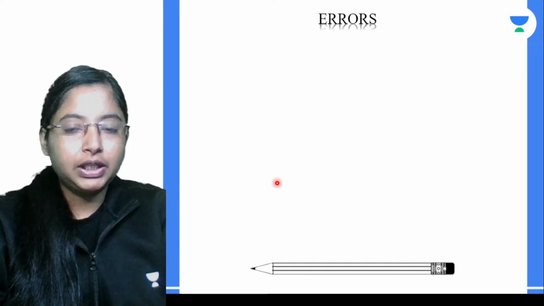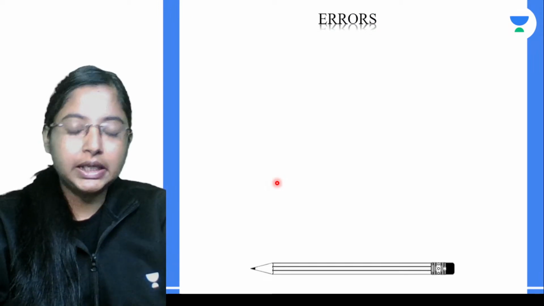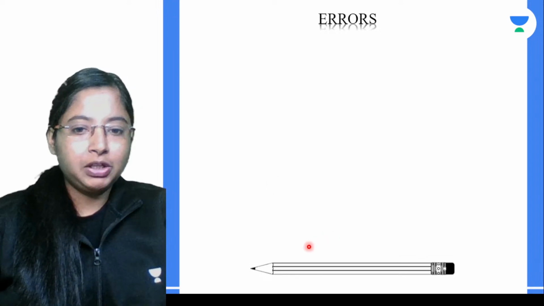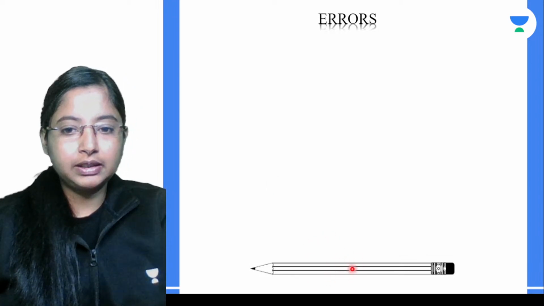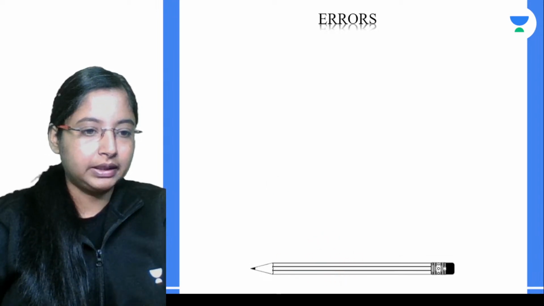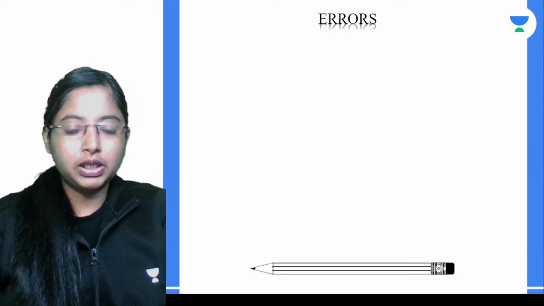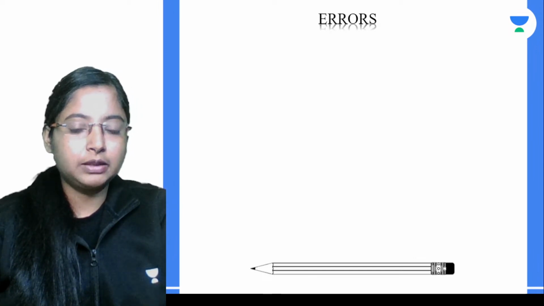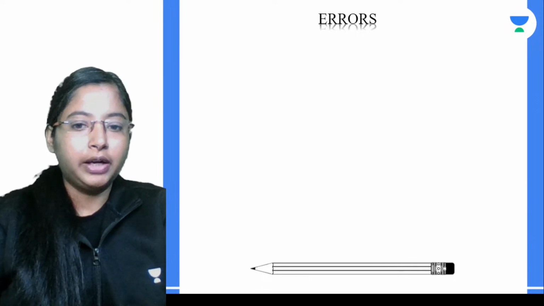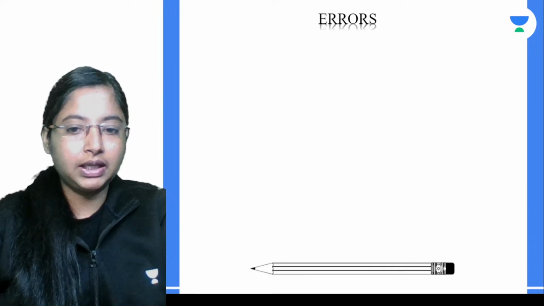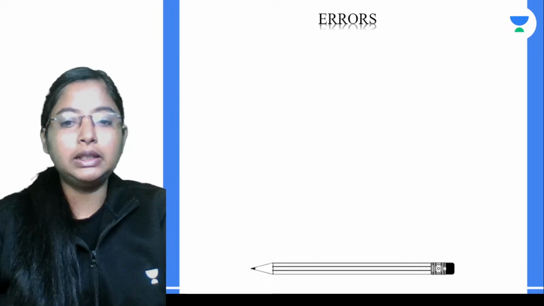So last class we were discussing errors. Let me quickly recap what we discussed. Let's say you have a pencil and you want to find the true value of, say, its thickness or diameter.